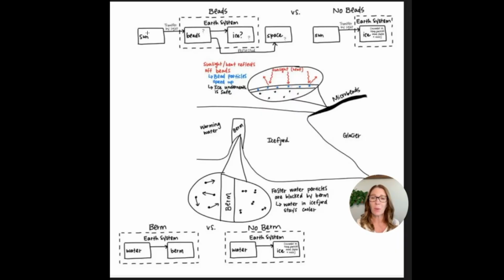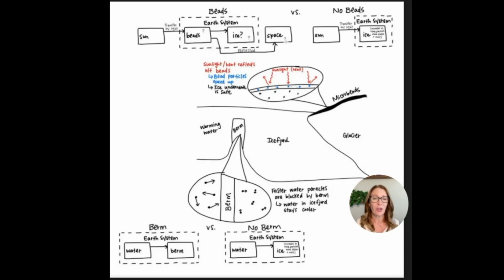So you can see that we have these energy diagrams with the sun transferring energy into the system. We've got the boundary of the system using those energy modeling rules. This would be the boundary of the solution. So we've got beads on the ice within the solution. And then we have some of that energy being reflected into space.